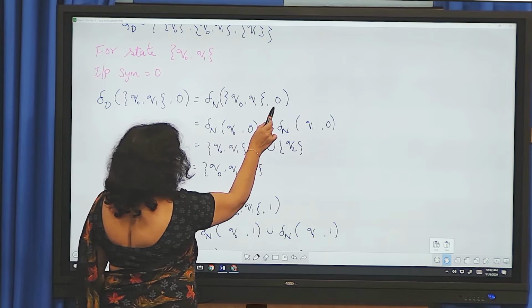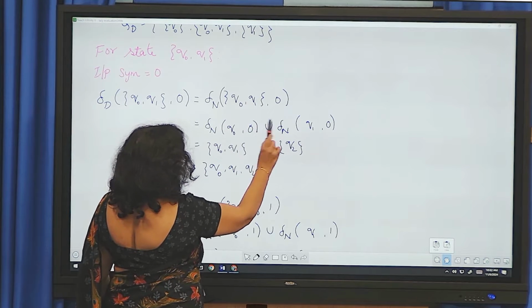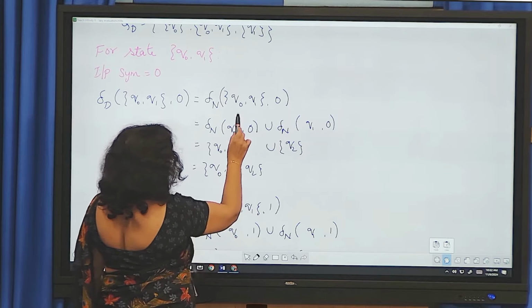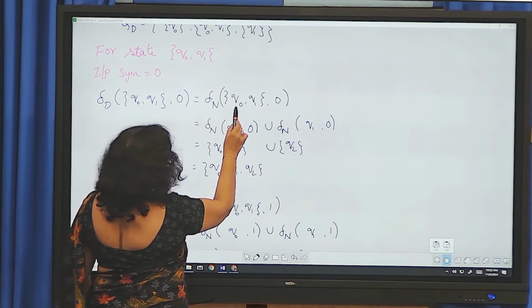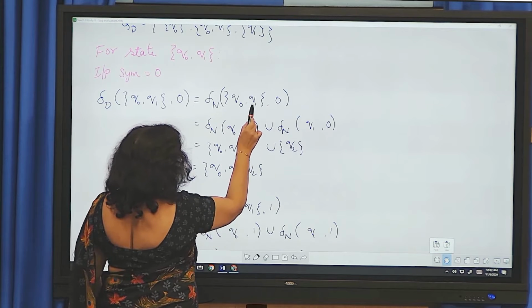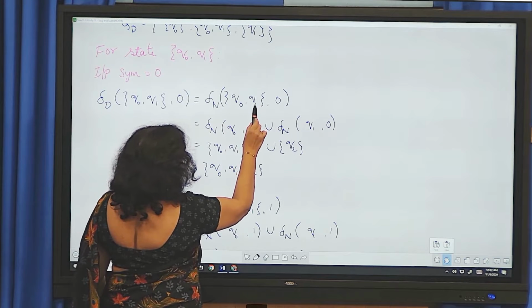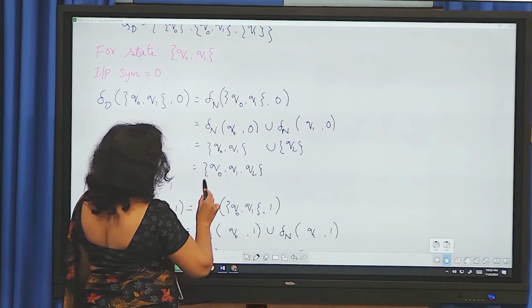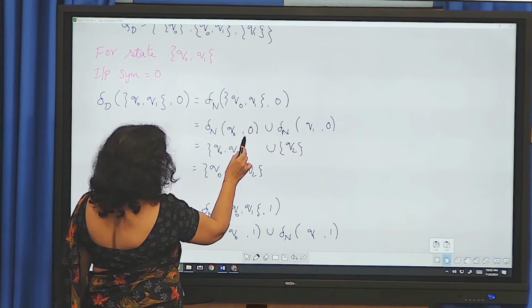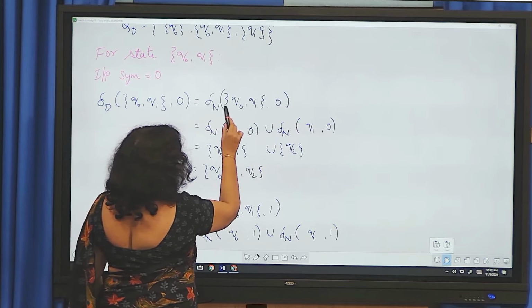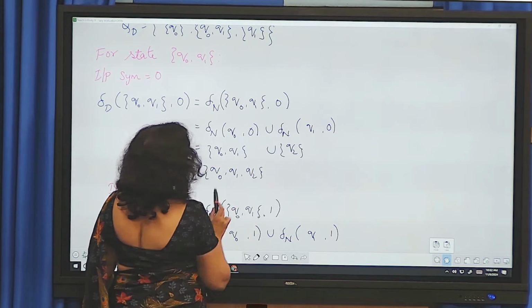Now, we will split this into two separate transition functions. So, this is equal to delta N of Q0 on 0 union delta N of Q1 on 0.